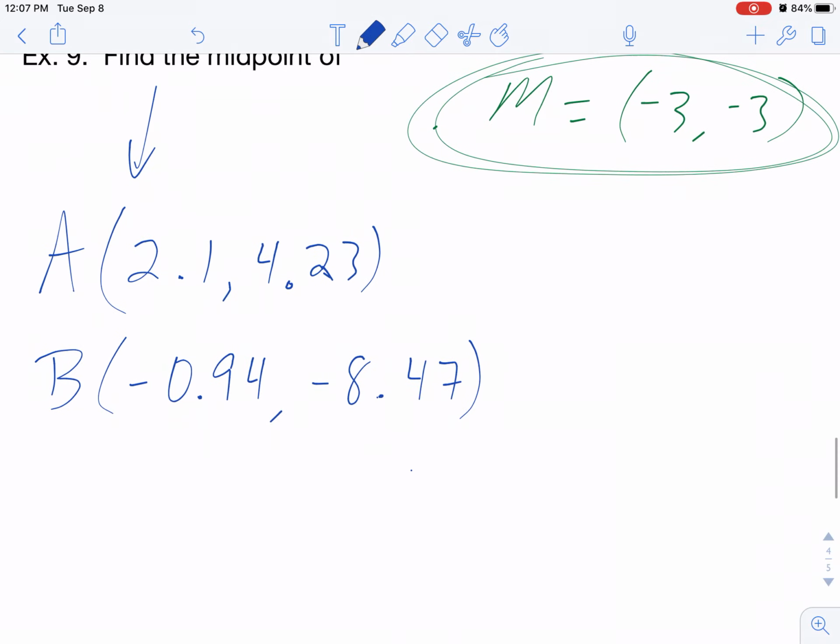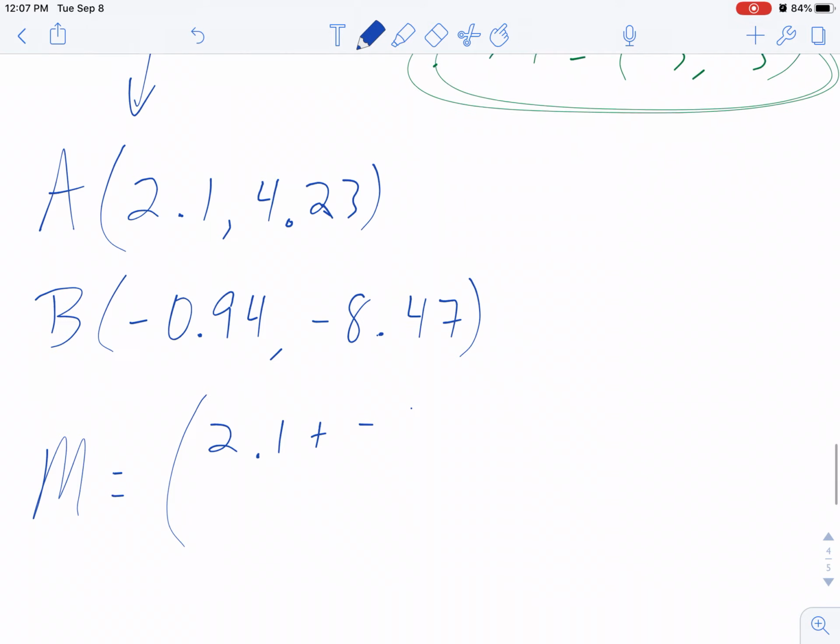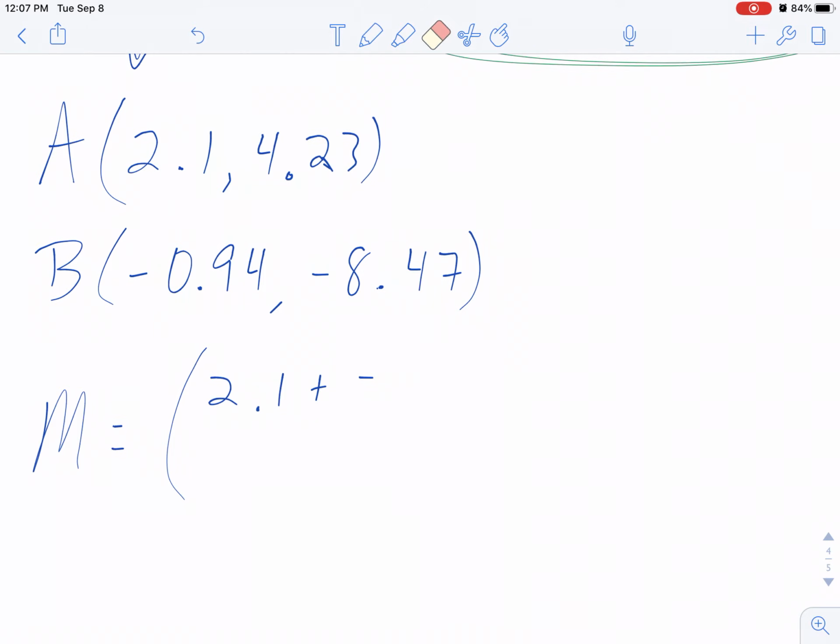Okay, the process is the same. All you need to do is add the x values and divide by 2. So I'm going to grab a calculator and add those, and then push equals and divide by 2.